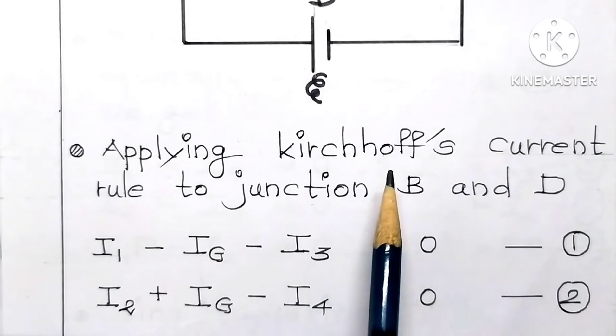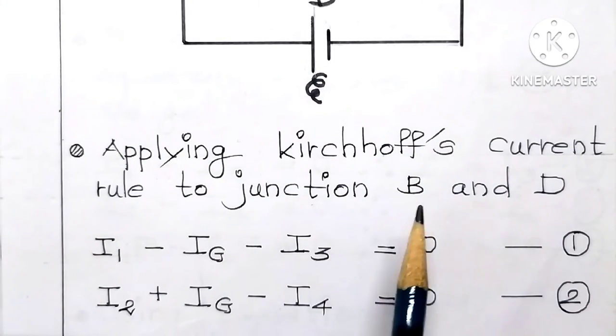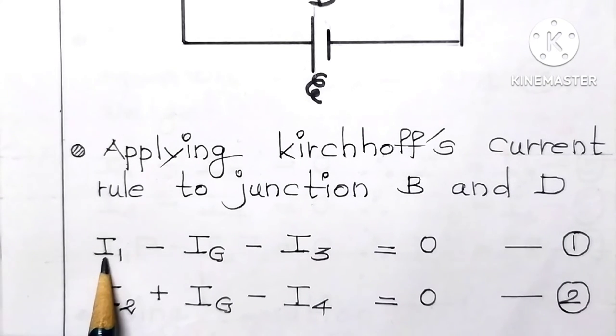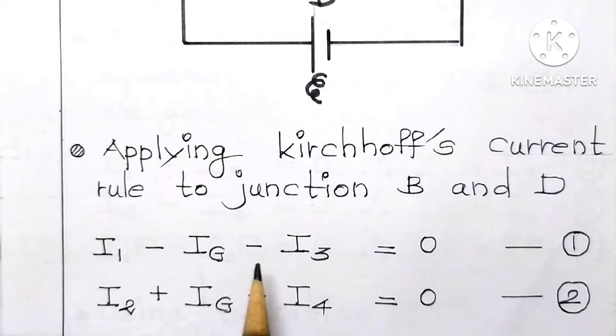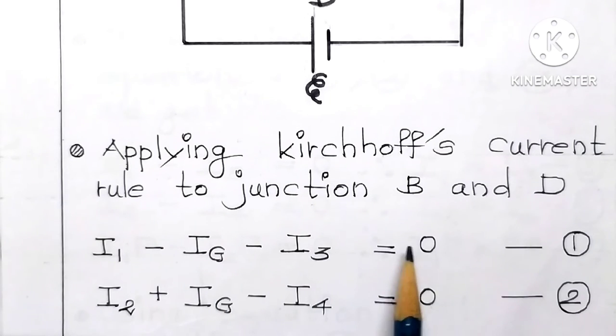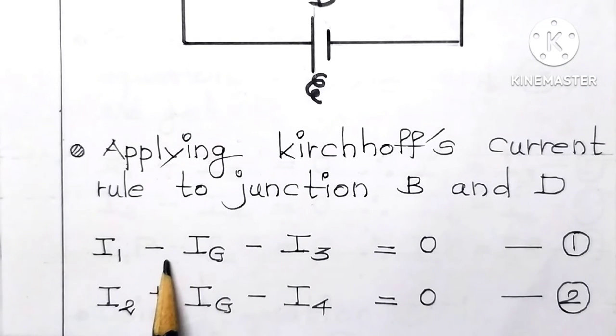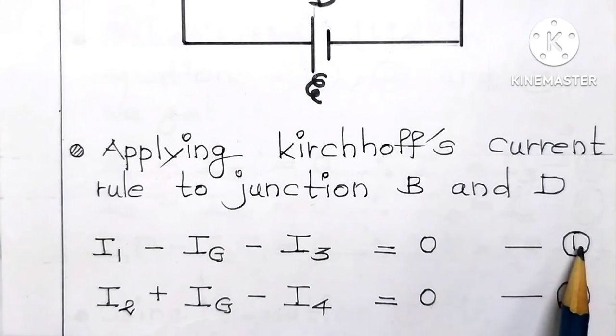Applying Kirchhoff's current rule to junction B and D, first let us see the junction B. Here I1 minus Ig minus I3 is equal to 0. I1 is given positive sign, whereas these two currents are given minus signs, and their algebraic sum is equal to 0. Let it be equation number 1.